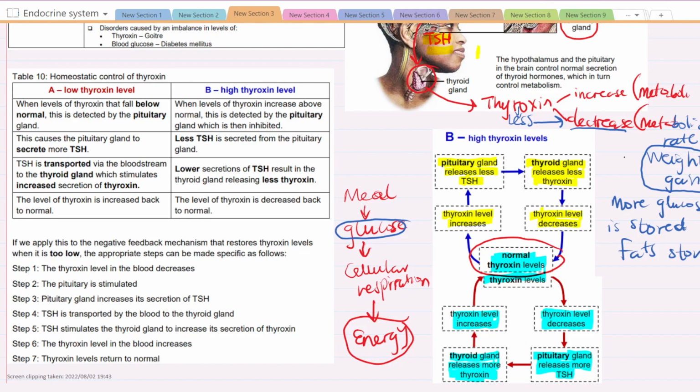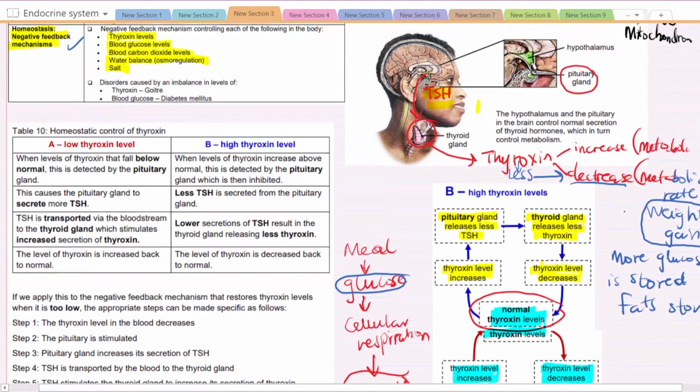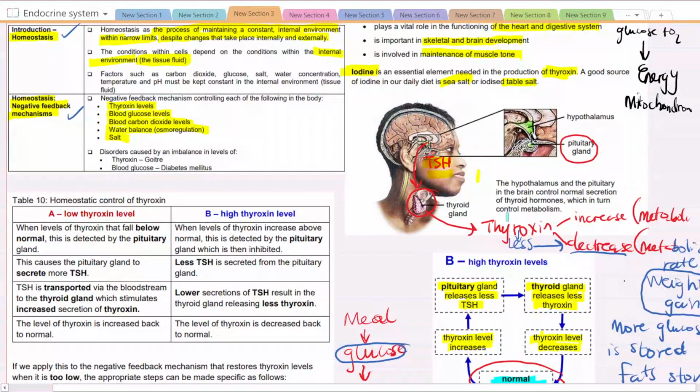So if there is more thyroxine in your body, it means that the levels of thyroxine will increase and the metabolic rate will also increase. And this increase in the metabolic rate will lead to weight loss.